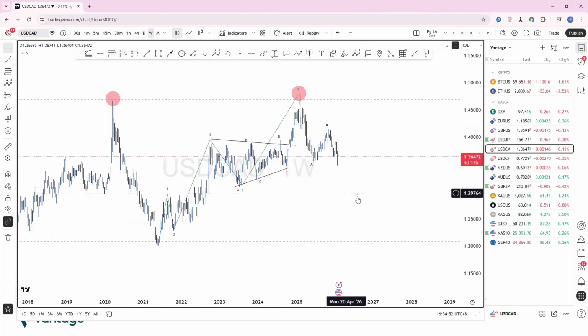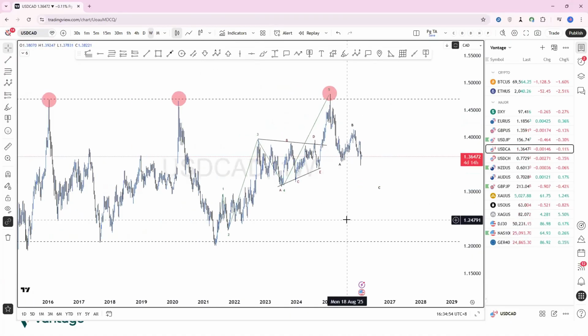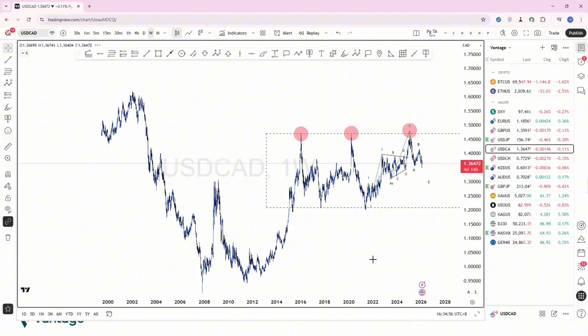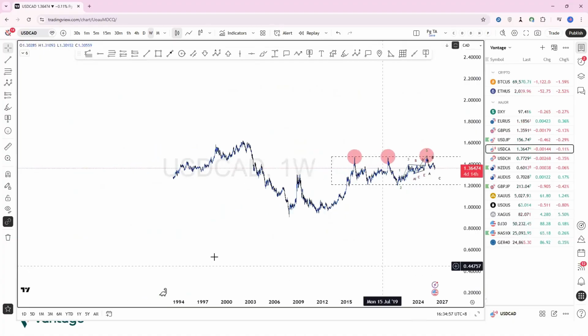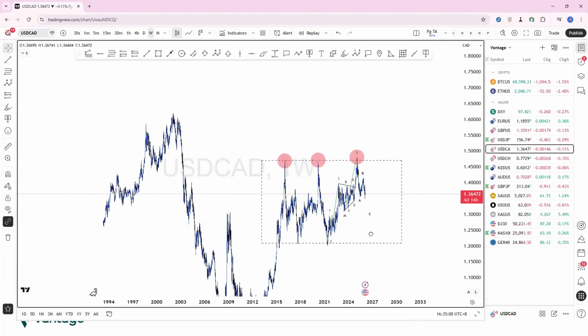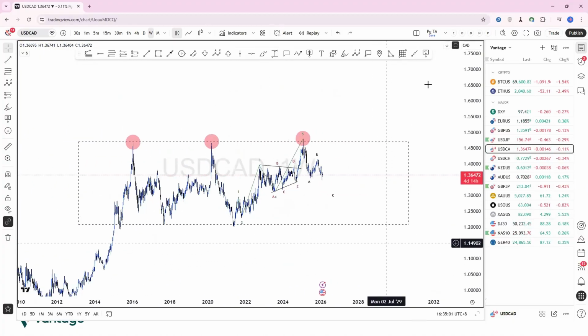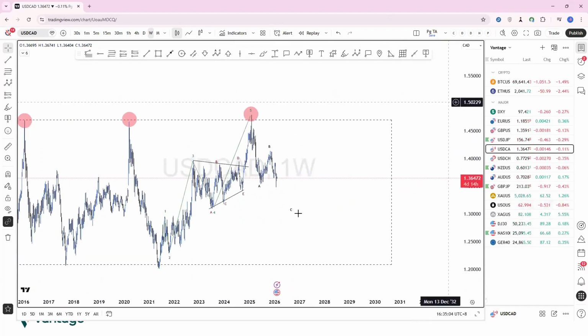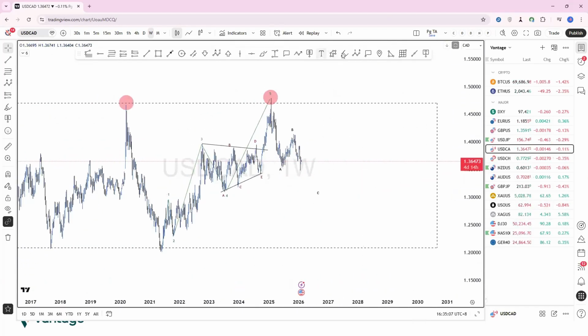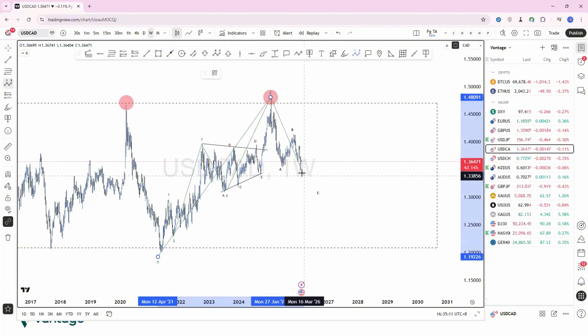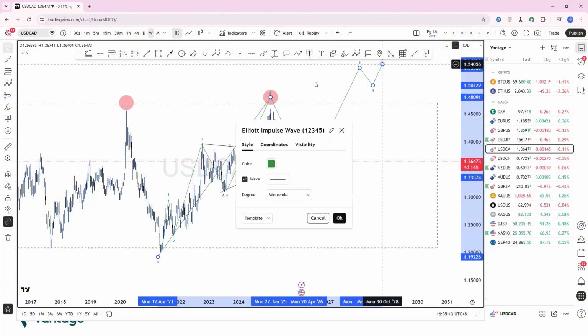So we're going to see them make the ABC here before they push up. Or it's going to be the big A, maybe B somewhere here, and then C, D, 1, 2, 3, 4, 5.